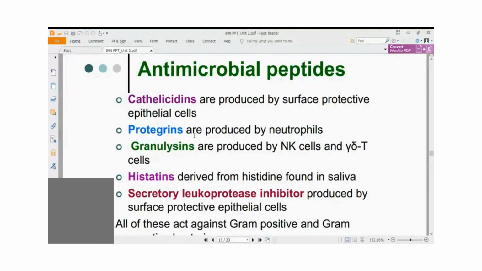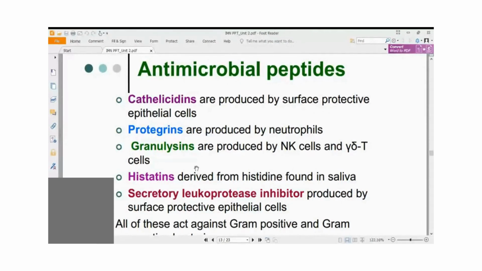It acts on bacterial surfaces and is capable of inhibiting both gram-positive as well as gram-negative bacteria.